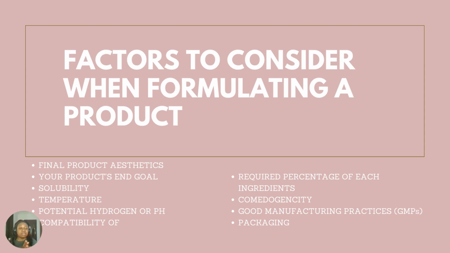For example, we have vitamin B3 and vitamin B5. Those are water soluble, and you do not want to add them to body oils because they will not dissolve, right?